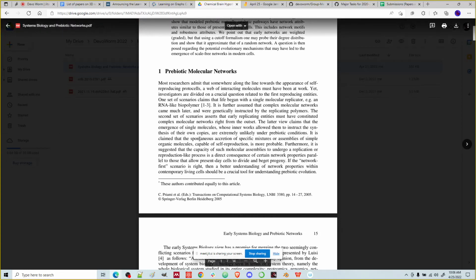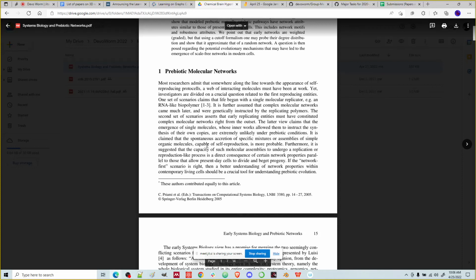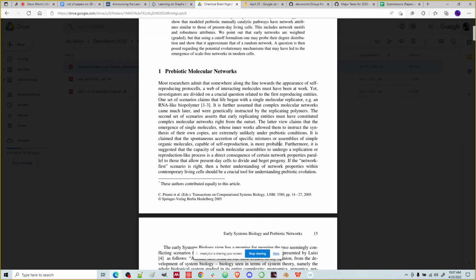So it is claimed that the spontaneous accretion of specific mixtures or assemblies of simple organic molecules capable of self-reproduction is more probable. So this is where you had just kind of the spontaneous life that formed from spontaneous mixes of different things, and it just kind of happened that way.